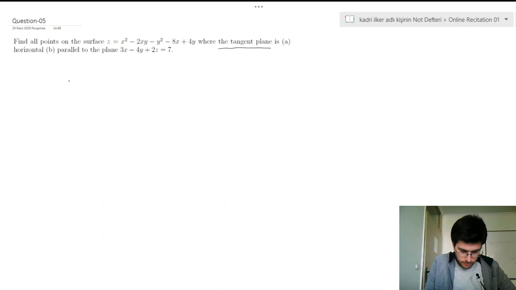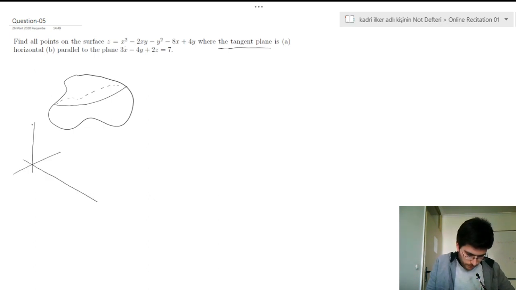Let's say we have something like this, some object, in this picture a certain surface. So let's say this second order quadratic equation defines a picture like this. Then we really want to understand, for instance, that point over here and here.